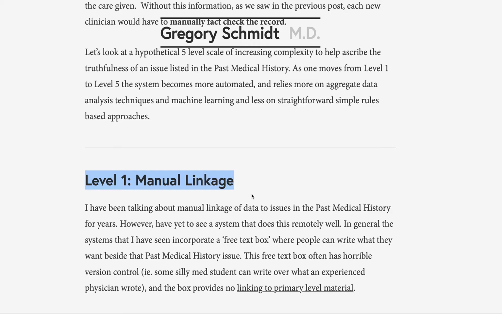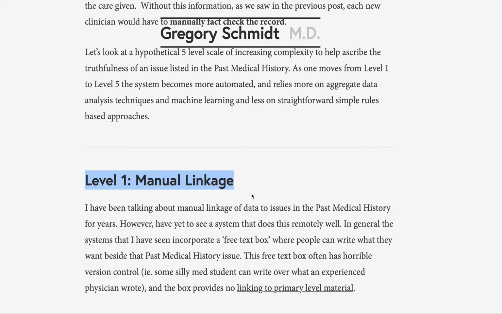The version control around this free text box is essentially useless, and there's a lot of very silly infrastructure which would allow a medical student to come in and overwrite what an experienced clinician had previously written about a particular past medical history issue. And none of these systems, from what I have seen, link the issue in the past medical history list to a primary level source material.